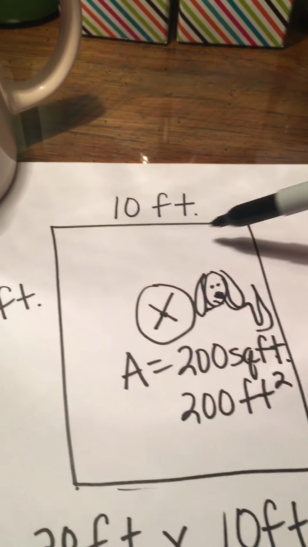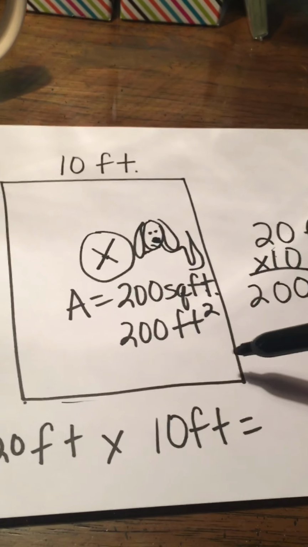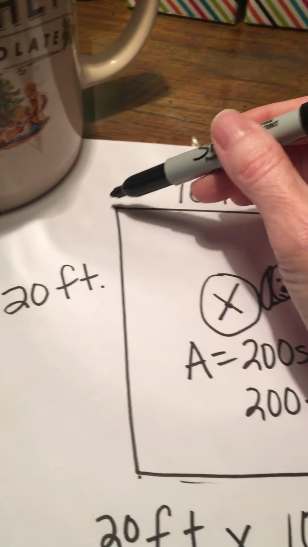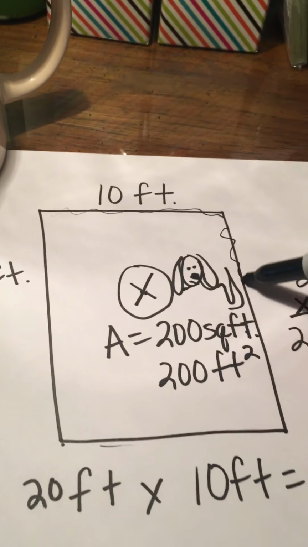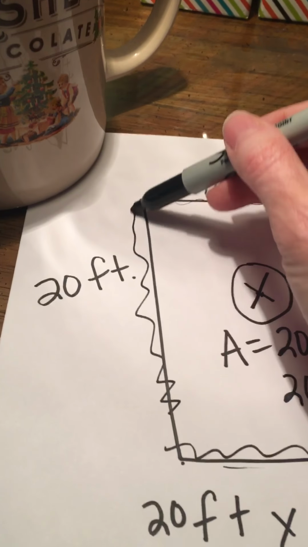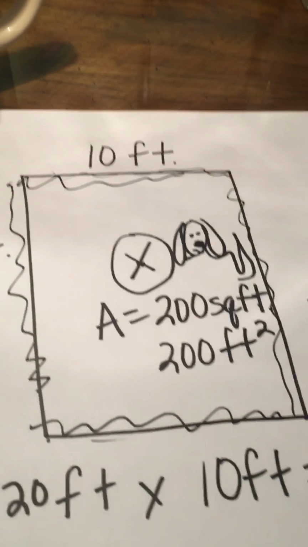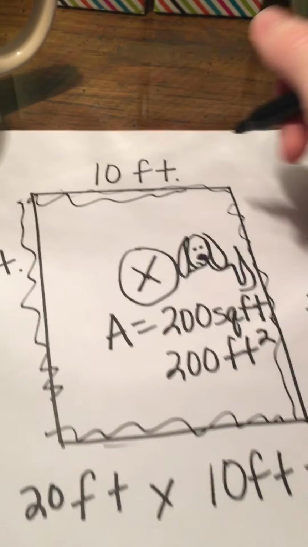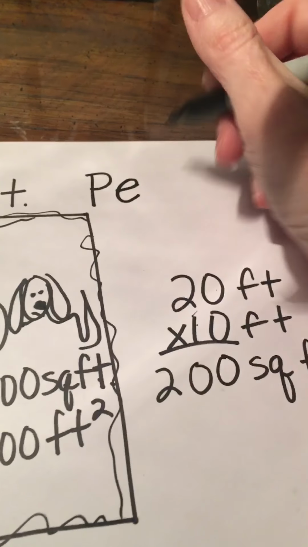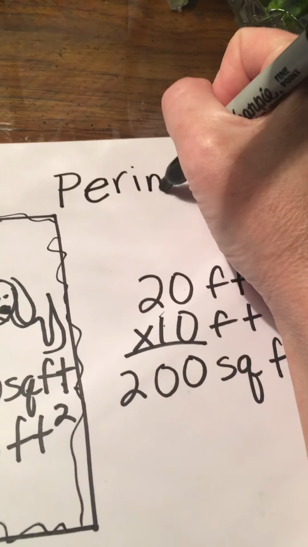I was walking from here to here and from here to here, and then I walked from here to here and back up here. Okay, and how much string I would need to put around the room if I wanted to decorate all the way around the room. Okay, and we call that perimeter when we're going on the outside of a shape.